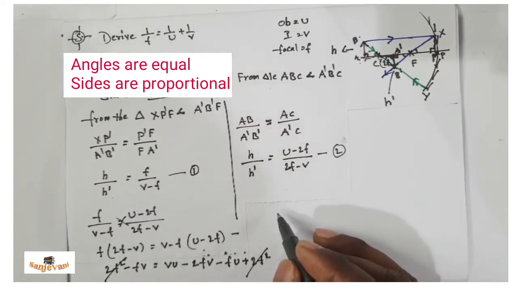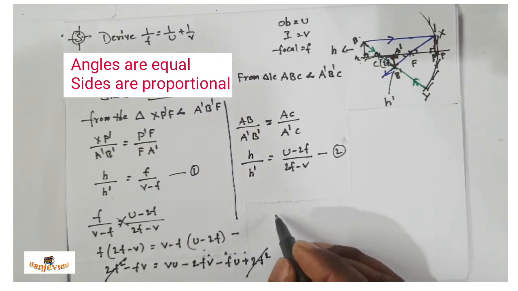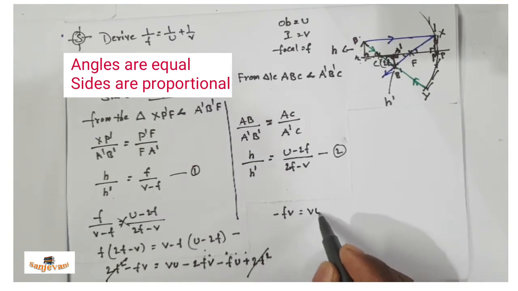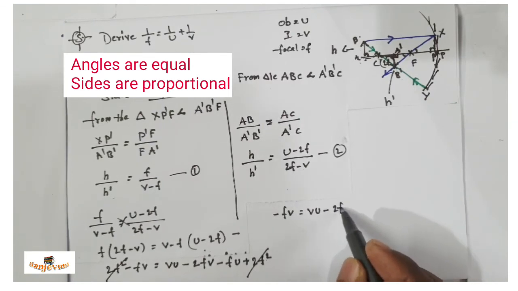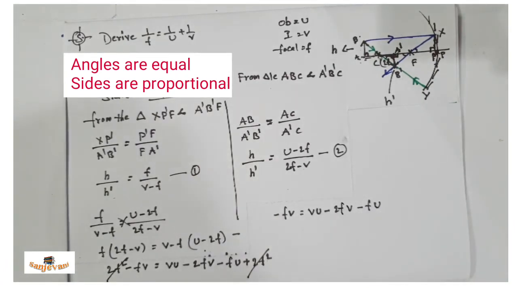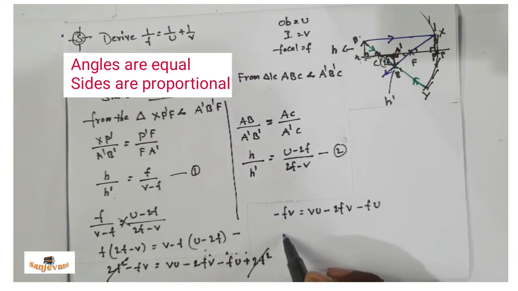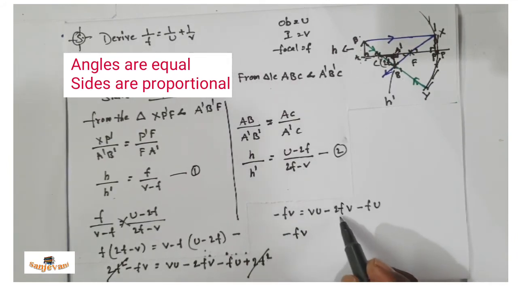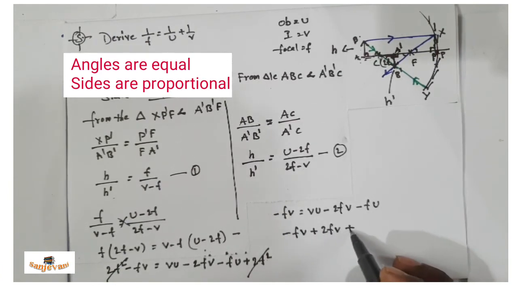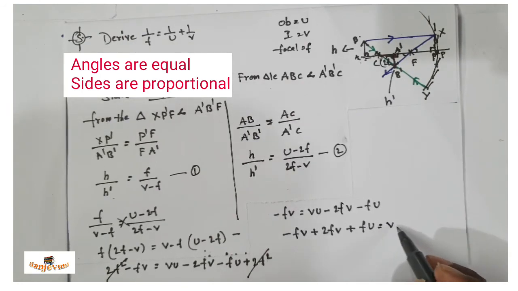Whatever is left I am going to write here. What we got here: minus fv is equal to vu minus 2fv minus fu. Now whatever the negative signs here, minus 2fv and minus fu, we take to this side. Is it clear to you? Then minus fv will be here, minus 2fv will be plus 2fv, minus fu will be plus fu, equal to vu.